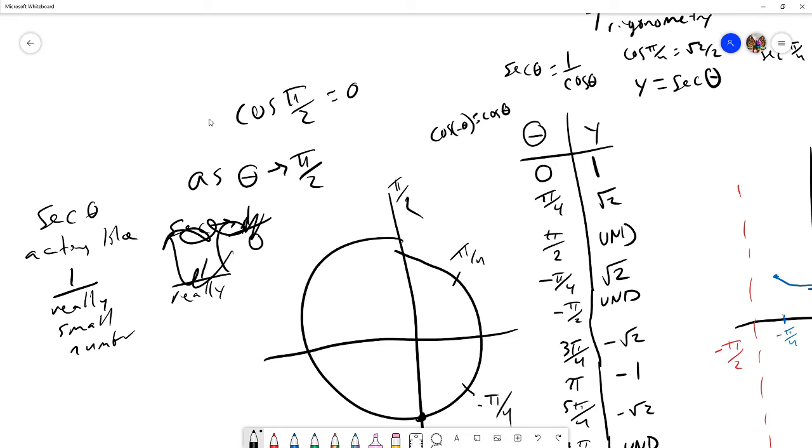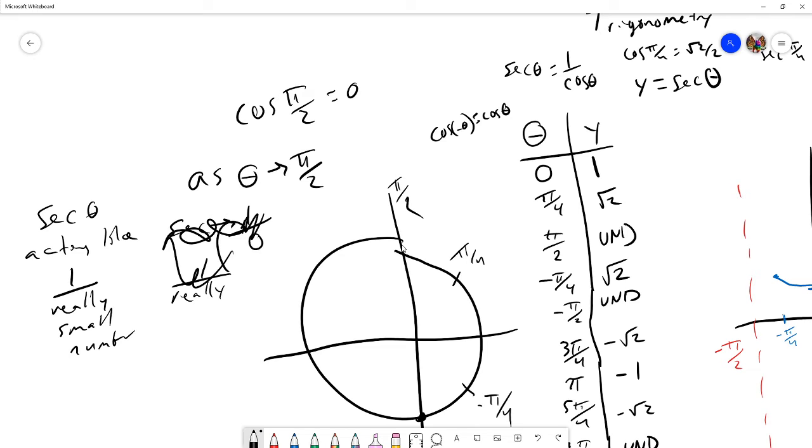So we know at pi over 2 it's 1 divided by 0. So that's the asymptote. We can't divide by 0. As we get closer and closer, we're dividing by really small numbers. Like right before 0, like 0.0001. Well, 1 divided by 0.00001, however many zeros I just said, that's going to be some ginormous number.